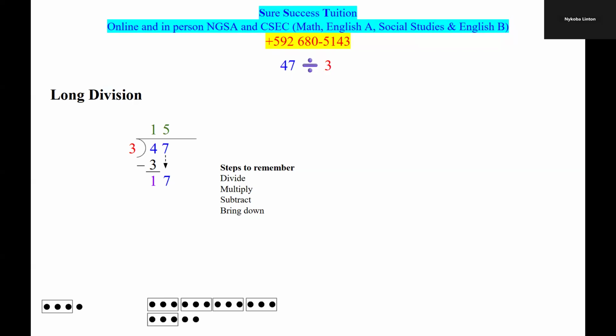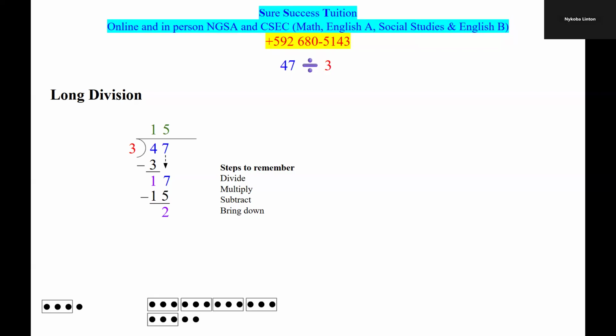Next step is to multiply. 5 multiplied by 3 is 15. The third step, subtract. Let's subtract. We get 2. Now, this is our final digit we divided. So this is the final answer. We have 15 remainder 2. Now, how do we write that?